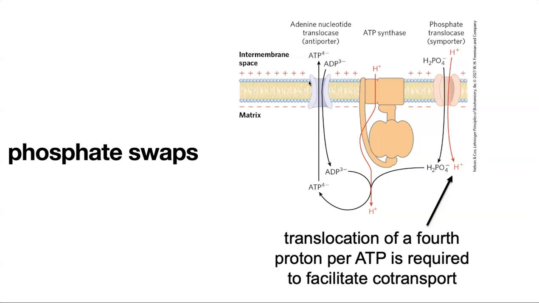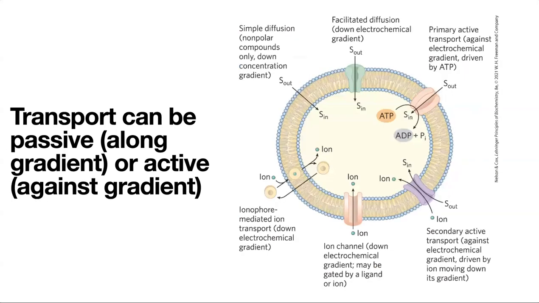So this is costing us energy, but in an indirect way, and it's even more indirect than we normally think about when we think about secondary active transport. Remember that in secondary active transport, we're driving something against its electrochemical gradient, driven by an ion moving down its gradient.